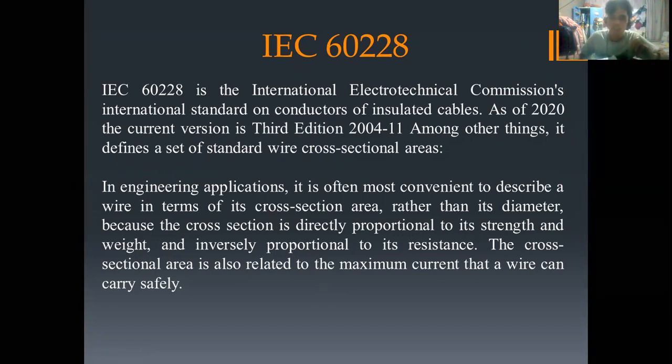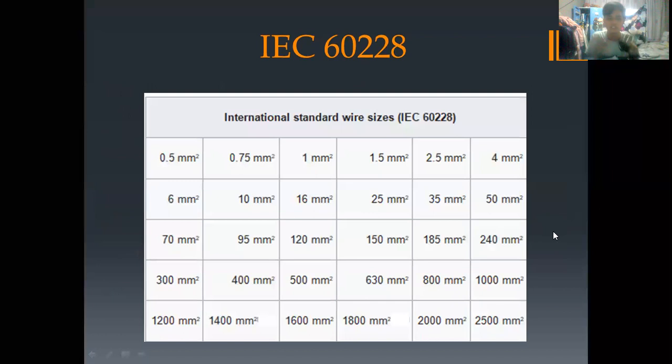Among other things, it defines a set of standard wire cross-sectional areas. In engineering applications, it is often most convenient to describe a wire in terms of its cross-section area rather than its diameter, because the cross-section is directly proportional to its strength and weight and inversely proportional to its resistance. The cross-sectional area is also related to the maximum current that a wire can carry safely. International standard wire size dito yan.